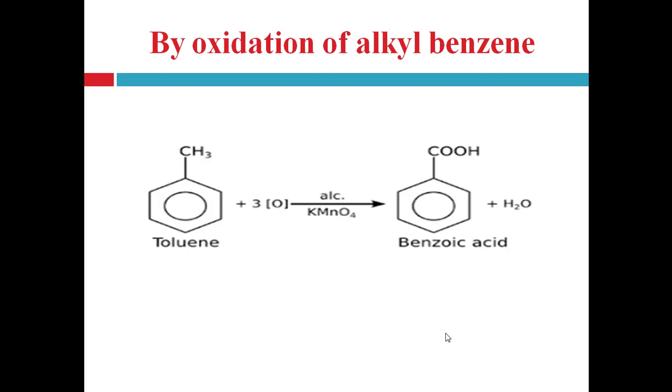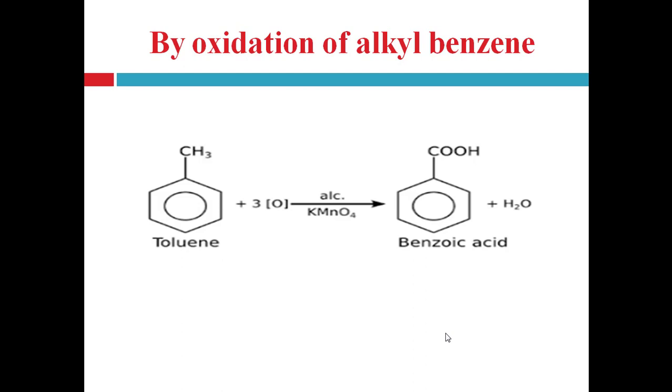These are the different oxidizing agents which can be used for this oxidation reaction: dilute nitric acid, alkaline potassium permanganate, alcoholic potassium permanganate, potassium dichromate and sulfuric acid, or chromium trioxide and glacial acetic acid, right?